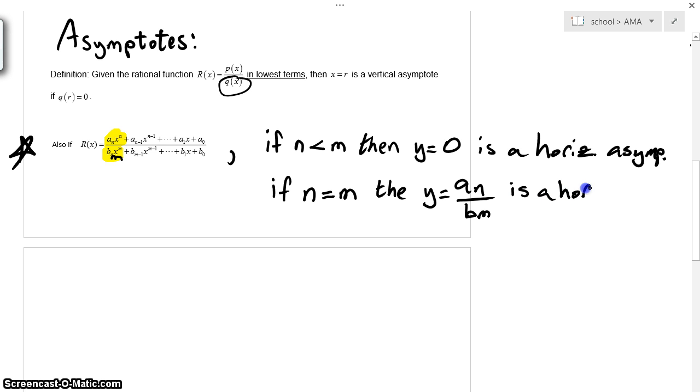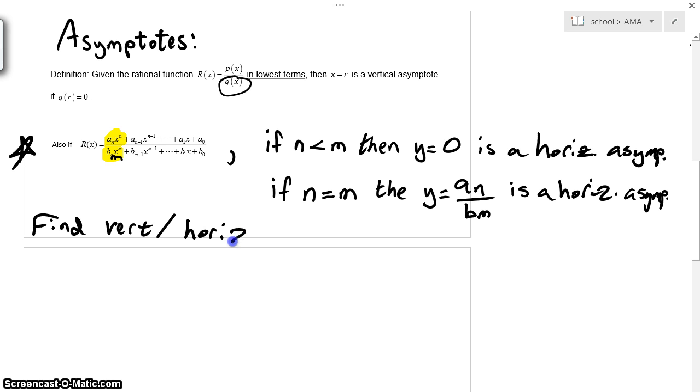In other words, the coefficient of the highest power of x up on top divided by the coefficient of the highest power of x down below will create a fraction, and that would be a horizontal asymptote. This is going way back to the rational function unit. Let's very quickly find any vertical or horizontal asymptotes.